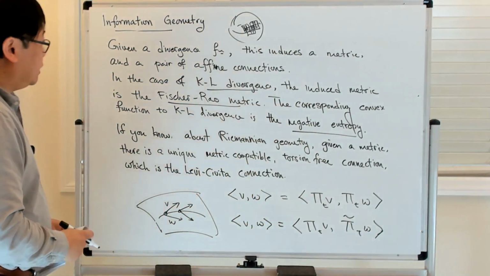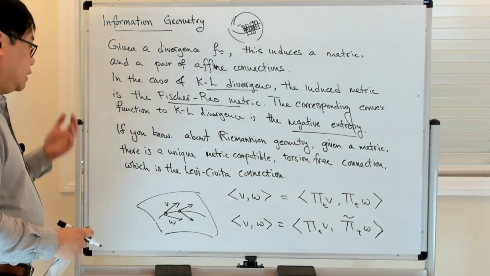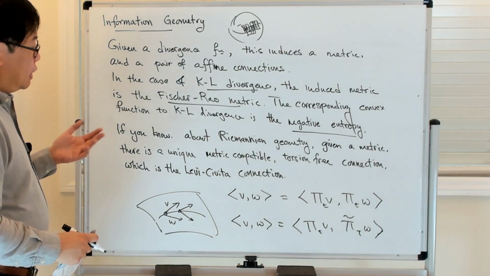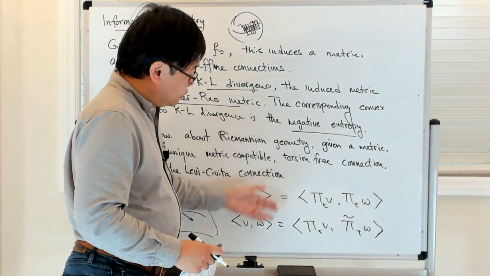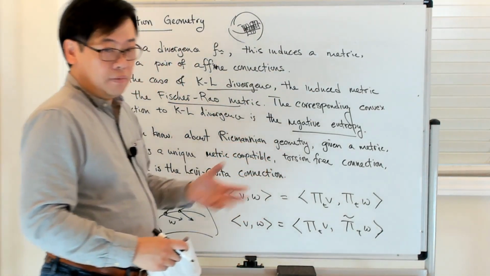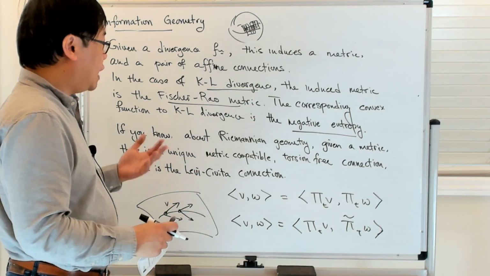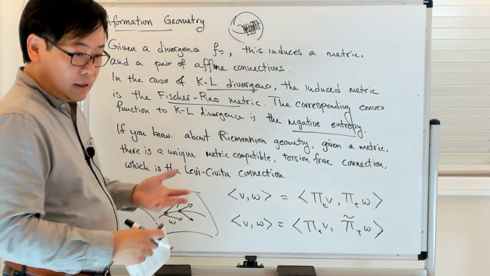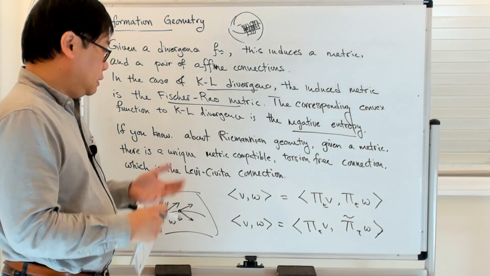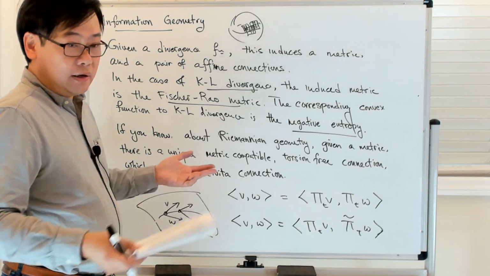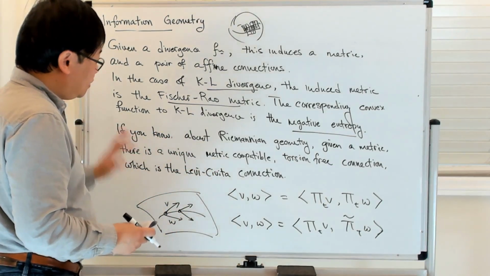And as we'll see in the later part of the course, on the one hand we'll see how you make precise sense of these objects, and how they show up when you try to do inference on information manifolds of particular classes. So with that, let me just stop here for now.